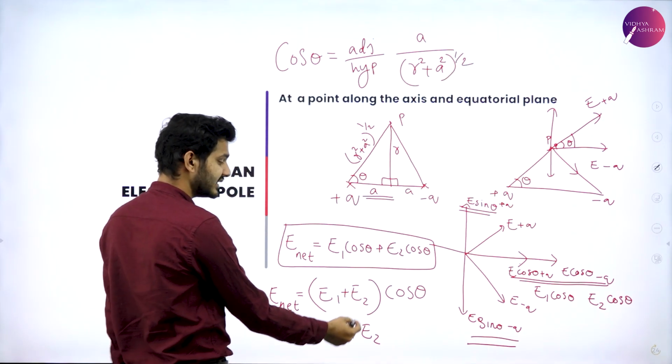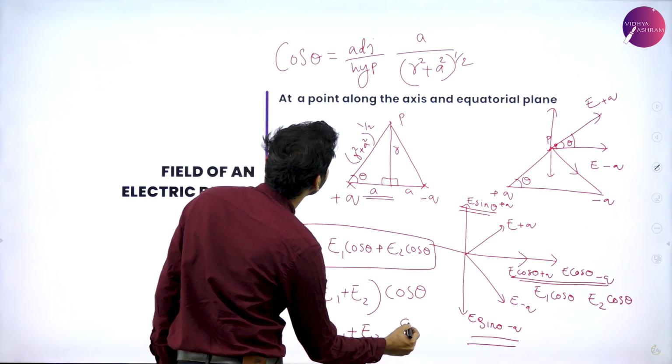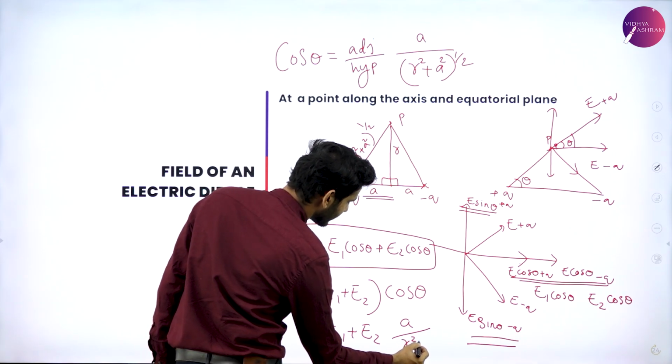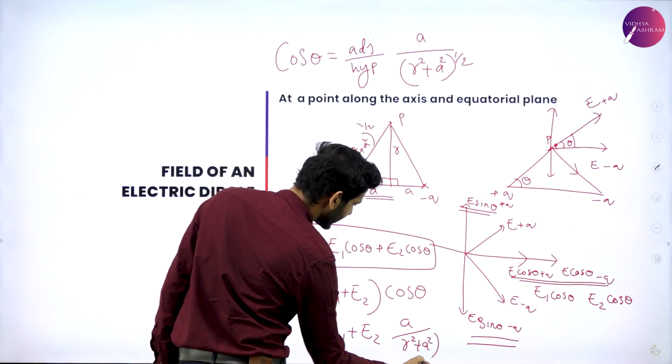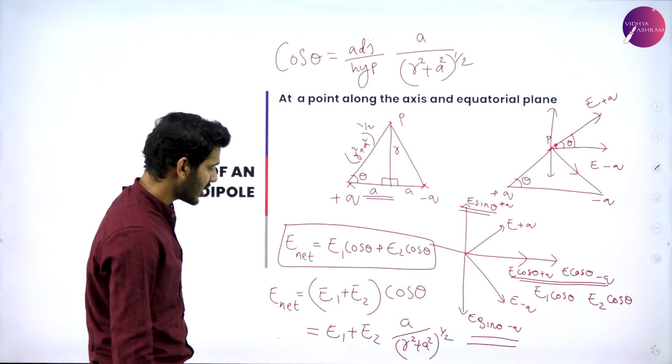And we can write this equation as (E1 + E2) × A divided by (R² + A²)^(1/2).